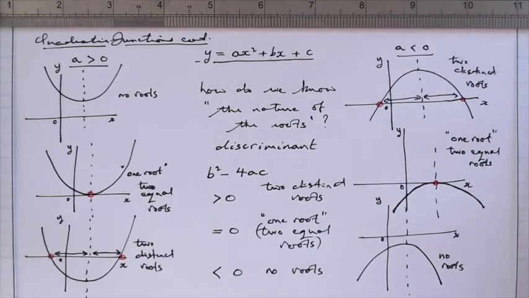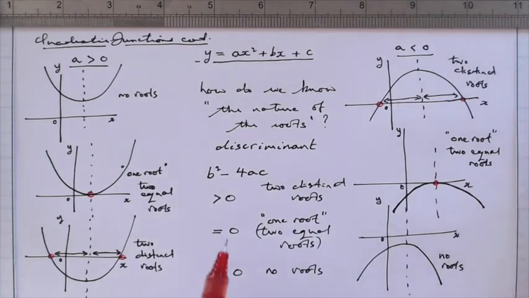Now, I have to say one last thing before moving on, and that is that in Scotland, and I suspect in many other school boards, you actually have to add another word to describing the nature of the roots. And I've left that word out up till now because it's probably very confusing.